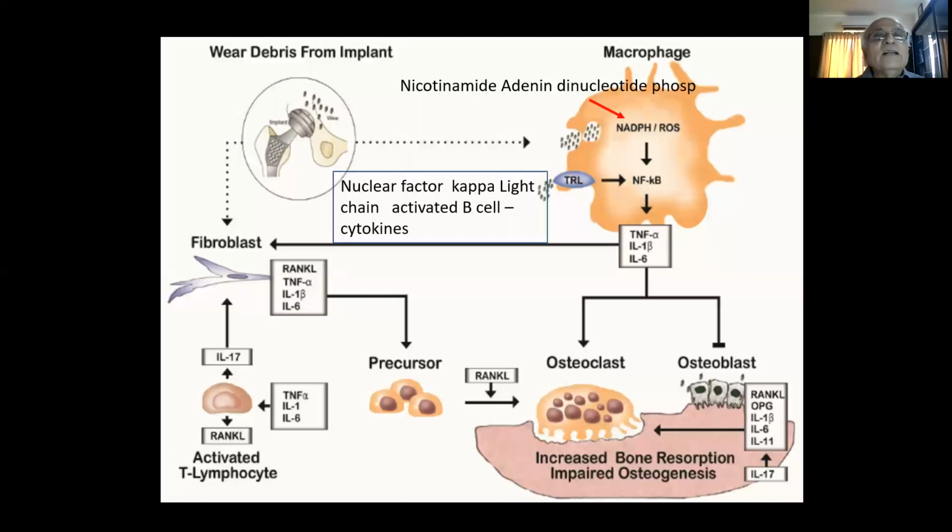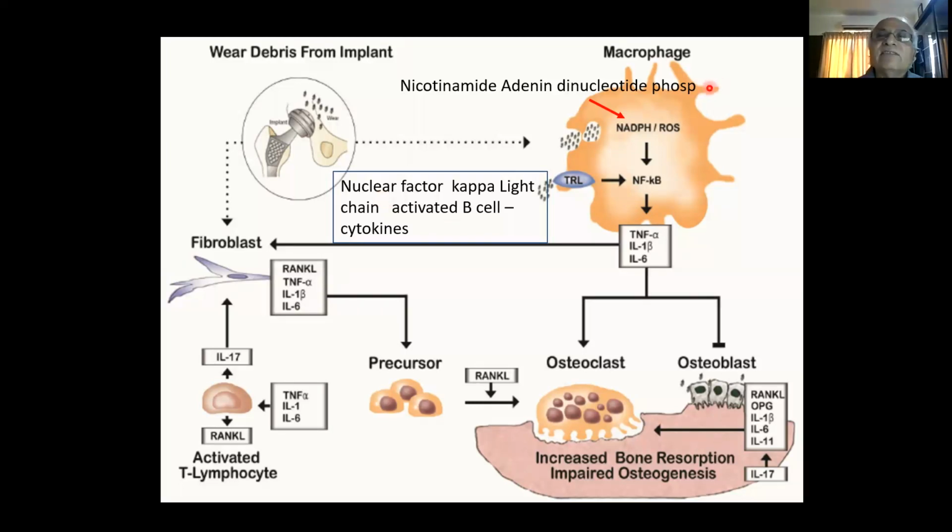Now, going through one by one, the particles are taken up by the macrophages, and nicotinamide adenine dinucleotide phosphate hydrogen also stimulates the nuclear factor kappa light chain enhancer of activated B cells, and these will produce cytokines.